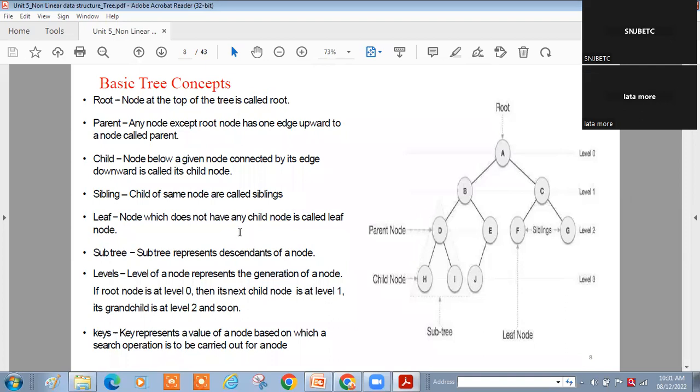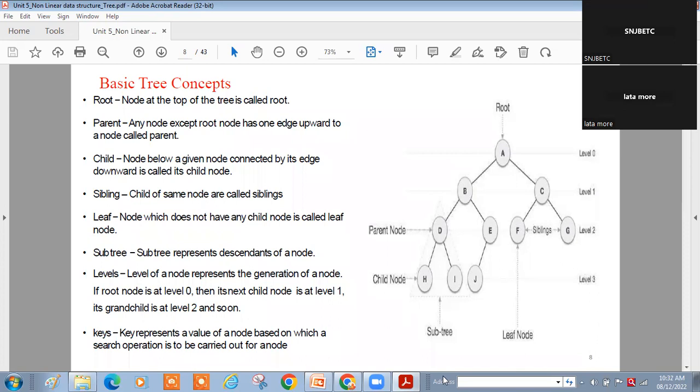So I can say a subtree represents a descendant of a node. Descendant basically means any successor node on the path from that node to the leaf node. So they have successors. That's why they are called subtrees.